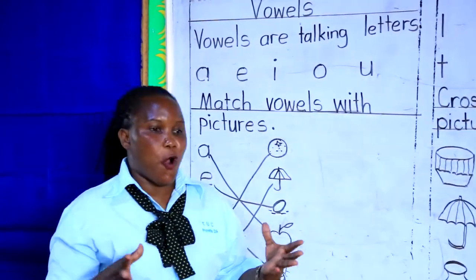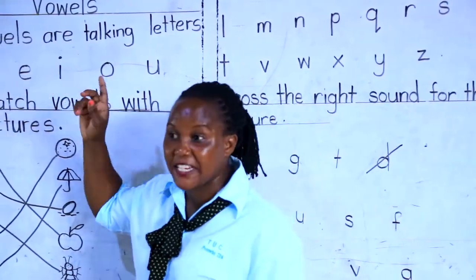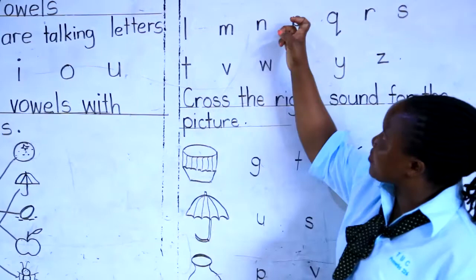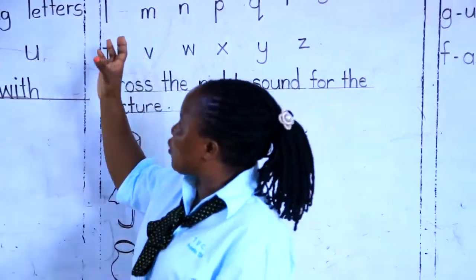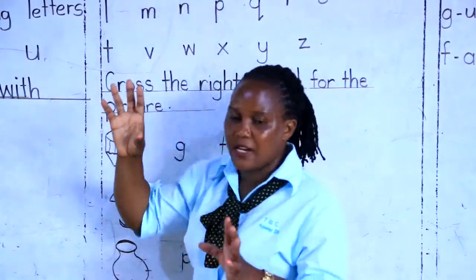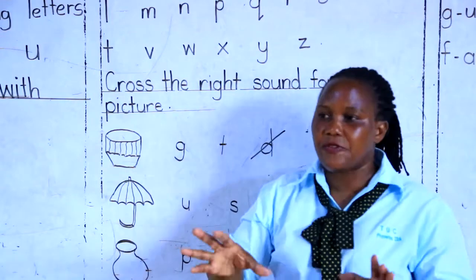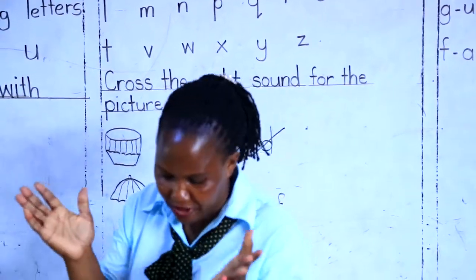Very good. Consonants cannot talk. But remember we said that the vowels can talk. But the consonants cannot talk. If you want them to talk, you have to add on one of these vowels. So these ones are silent letters. They cannot talk. Wonderful. Clap for yourselves.